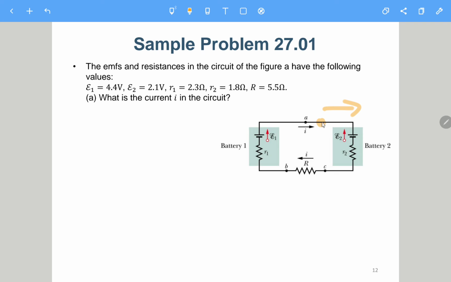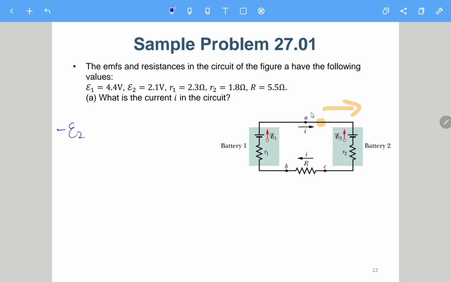Okay, so starting from this point going to here, this EMF has the opposite direction to how we move. So we should have negative E2 here, and then we keep going forward across this R2.